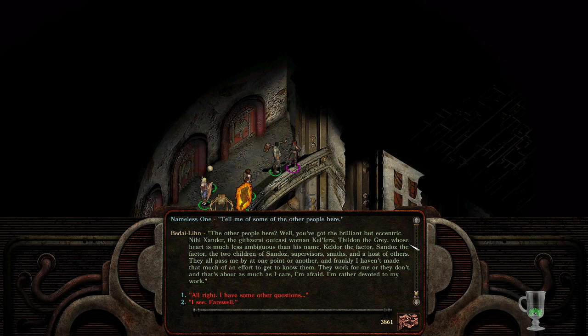Well, you've got the brilliant but eccentric Niall Xander and the Ythzari outcast woman, Kalyra. Tilden the Grey, whose heart is much less ambiguous than his name. Keldor the Factor, Sandaz the Factor, the two children of Sandaz, supervisors, smiths, and a host of others.